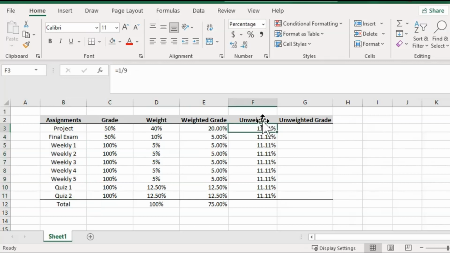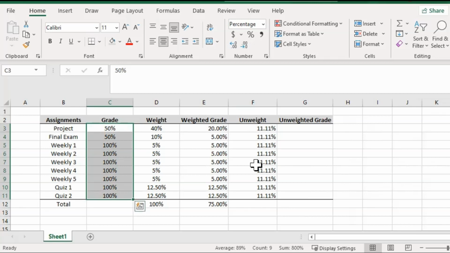Okay. So if we were not using a weight at all, we would really just be averaging the grade. And so we would expect our average to be 89% unweighted, right? And that would mean that the weekly 3, the weekly 4, the weekly 5 are all worth the same as the project and the final exam.